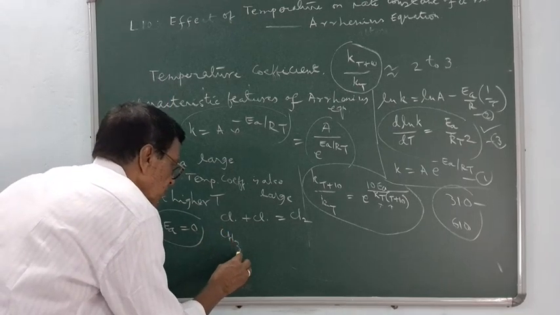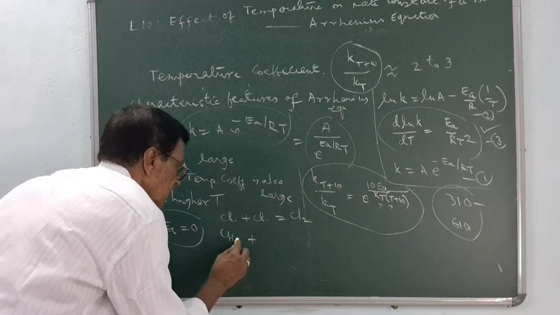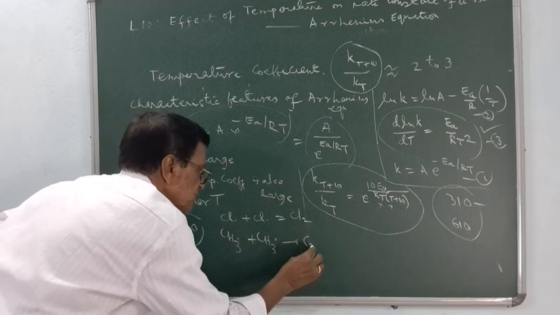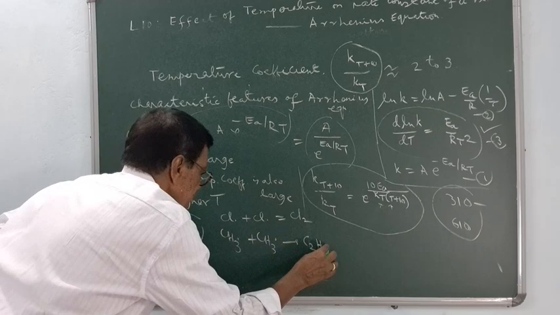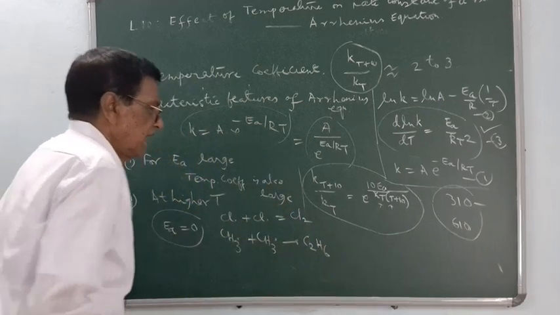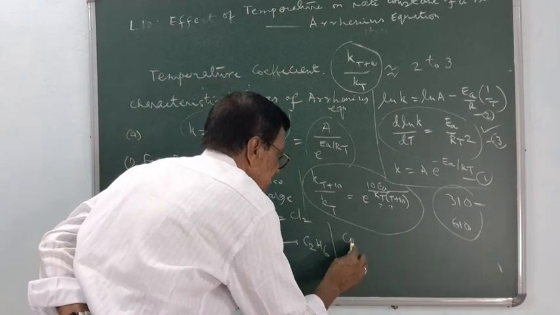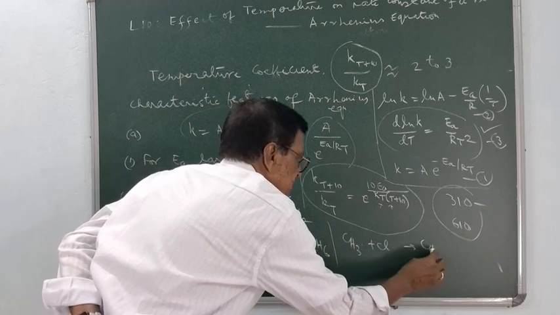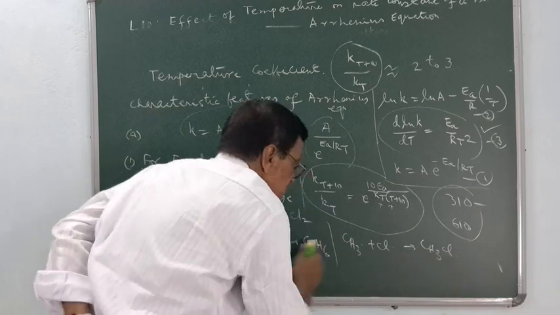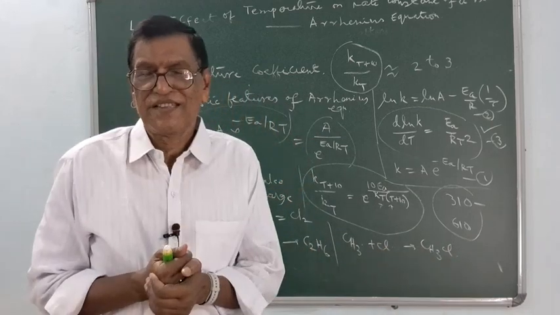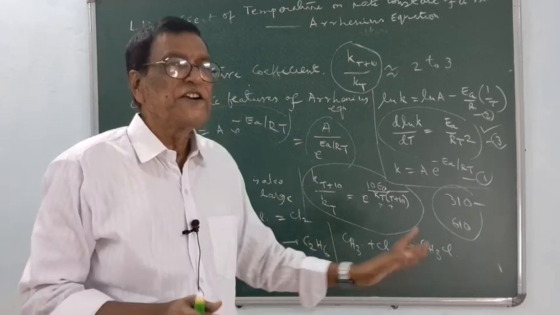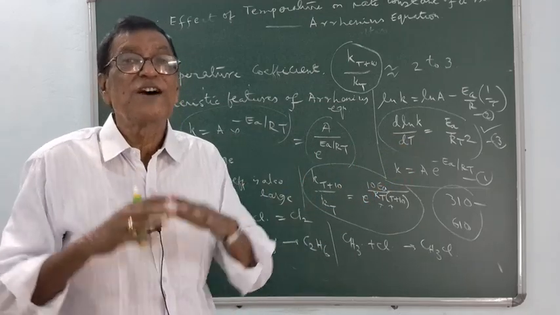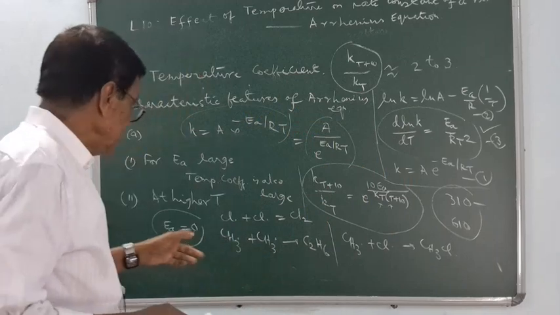CH3 dot plus CH3 dot giving you C2H6. And also you can write CH3 dot plus chlorine dot giving you CH3Cl. So for this free radical recombination there is no need for activation energy to undergo the reaction. So Ea equal to 0.